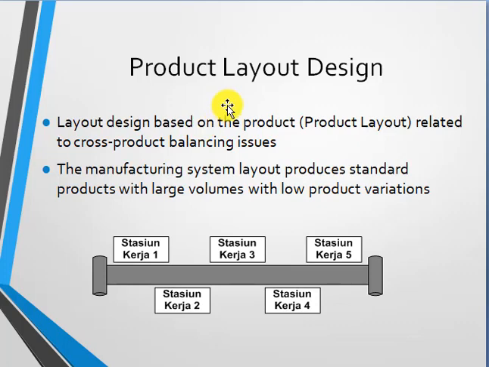So the product layout design is basically based on the product, related to cross-product balancing issues. So this manufacturing system layout produces standard products with large volume and low product variation.